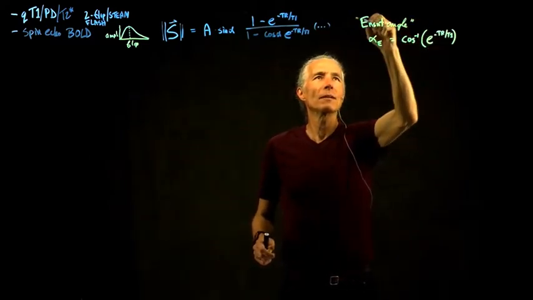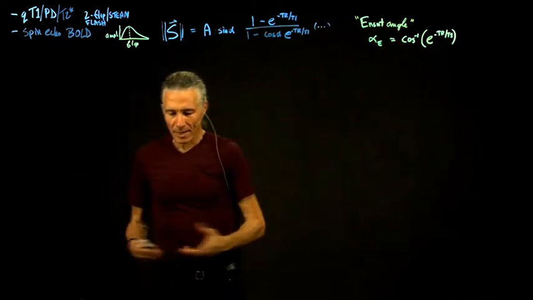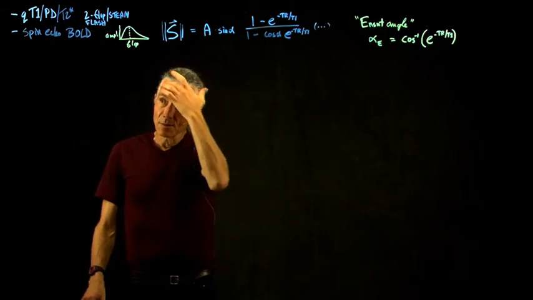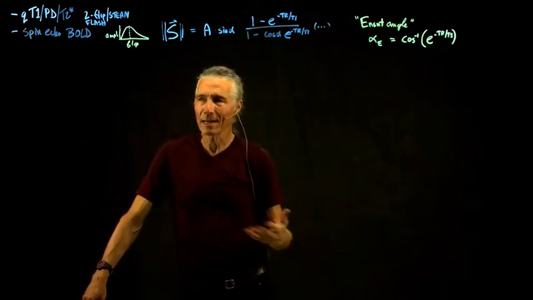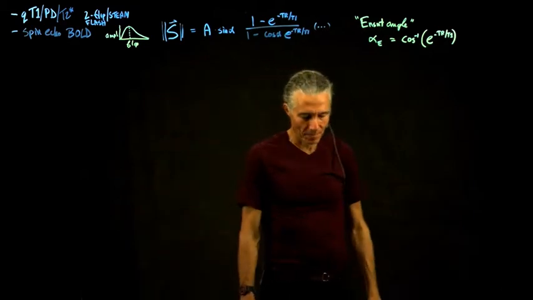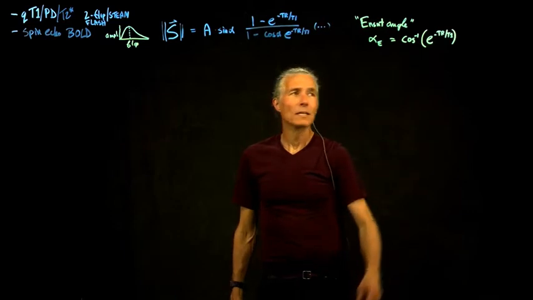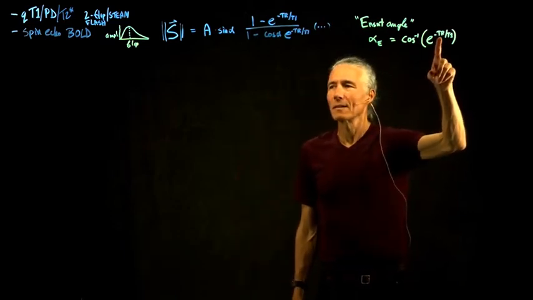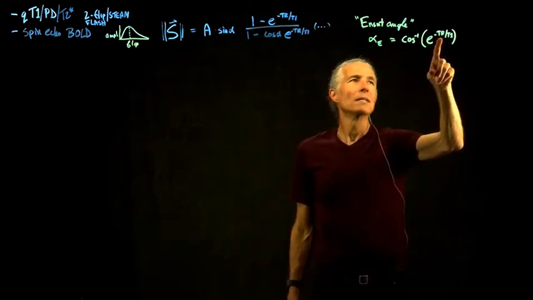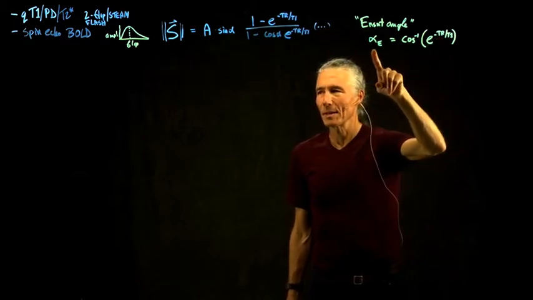An example of where you might want to use this is if you're doing an fMRI experiment and you change the TR to 0.9 seconds. You might want to find out, for this TR, what is the maximum angle going to be?